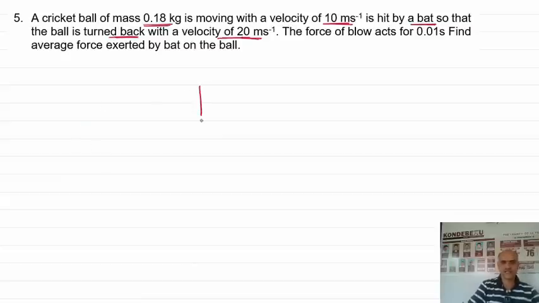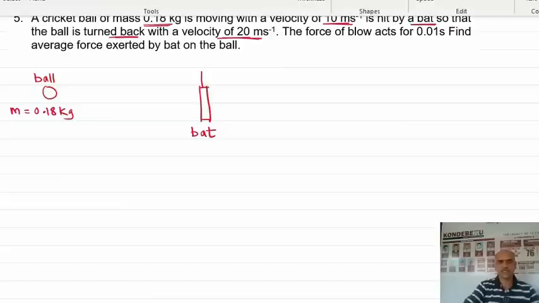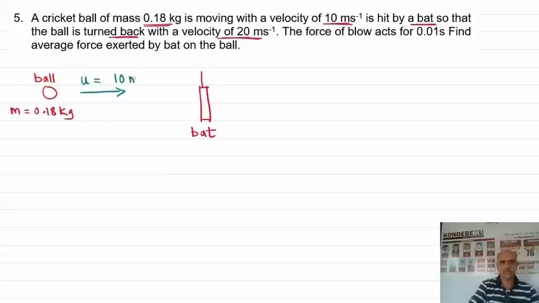So first I will take, there is a bat over here, a ball is there, its mass he has given, m is 0.18 kg. It is moving with a velocity of 10 meters per second towards the bat. u is 10 meters per second.